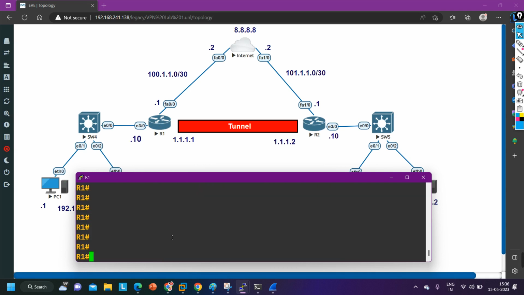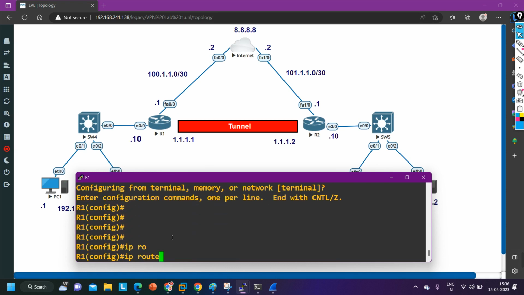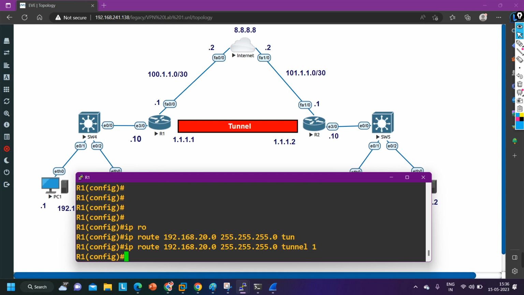Now in this scenario, you can configure static routing. If you want to configure static routing, you can configure IP route 192.168.20.0 255.255.255.0, and the exit interface will be your tunnel 1. Like this you can configure static routing.